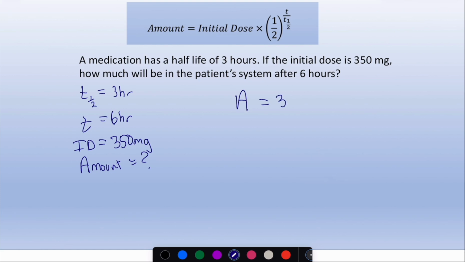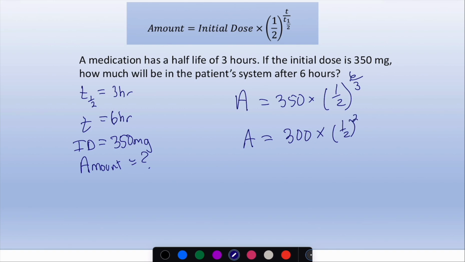equals 350 times 1/2 to a power of. Now, on the top of the fraction is how much time has elapsed, 6 hours. The bottom of the fraction is the half-life time, 3. Now, in our case, 6 divided by 3 is exactly 2. So if that reduces down, go ahead and do that.